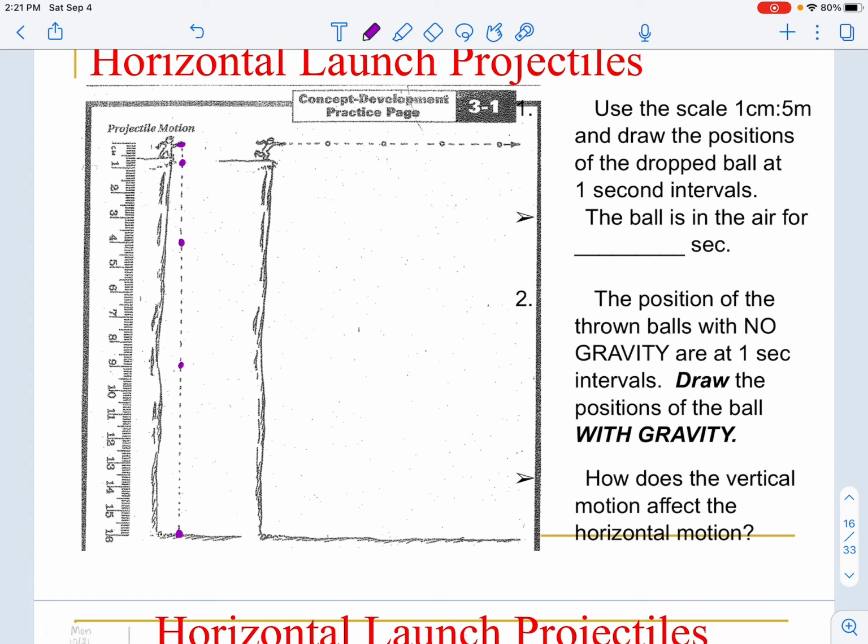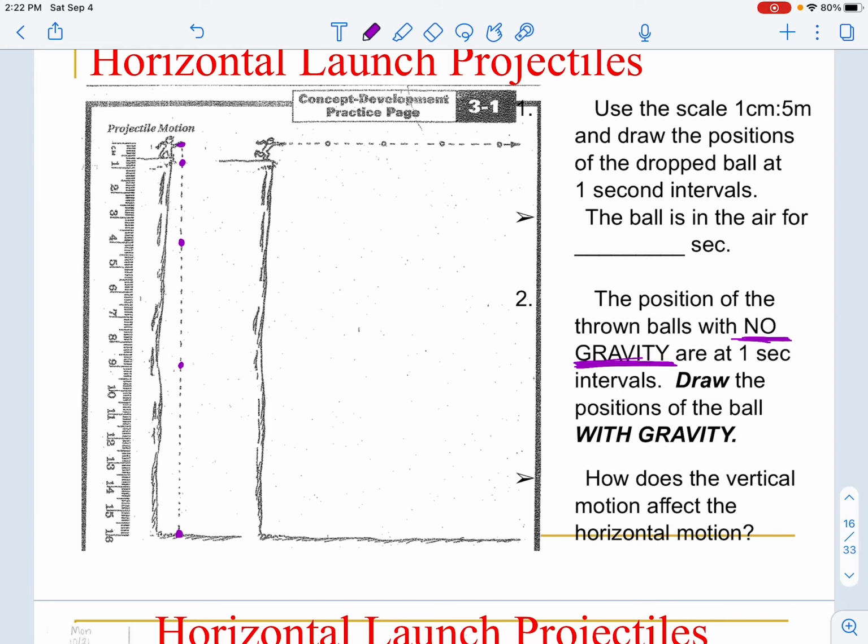The picture on the right is showing us a situation where there is no gravity. Now, if we were in far outer space, far enough away to be outside of Earth's gravitational pull, we could actually throw a ball like this, and it would follow a perfectly straight horizontal path because there are no forces acting on it. Well, that may not be the case on Earth.